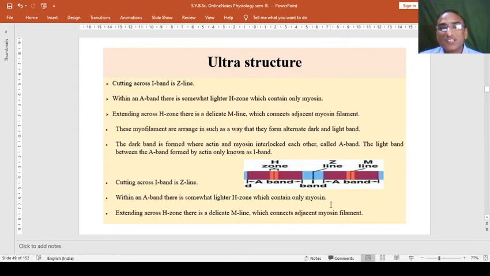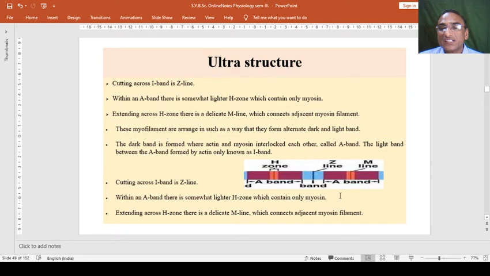In the I band there are only actin filaments, whereas in the H zone there are myosin filaments. Actin and myosin filaments are alternately present in the A band and I band. Extending across the H zone, there is a delicate M line that we have already seen, which connects the myosin filaments.